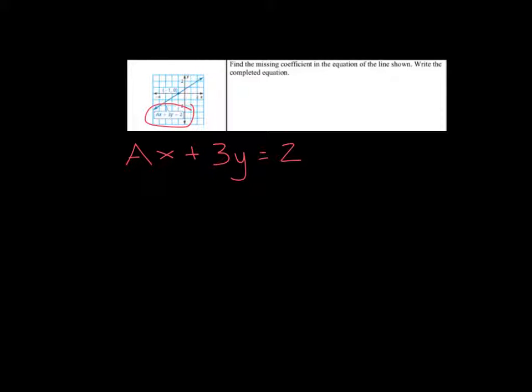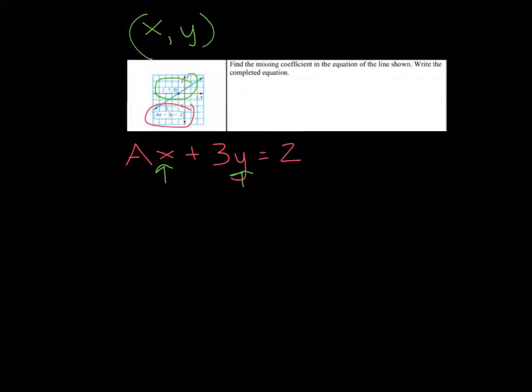Now in a linear equation, you're going to have an x and y variable, but this a is a coefficient. That's why it says find the missing coefficient. Because they've given me a line, I can use this point that they gave me. That point is written as (x, y). If I substitute those values into this equation for x and y, that will allow me to solve for a. So that's what I'm going to do.